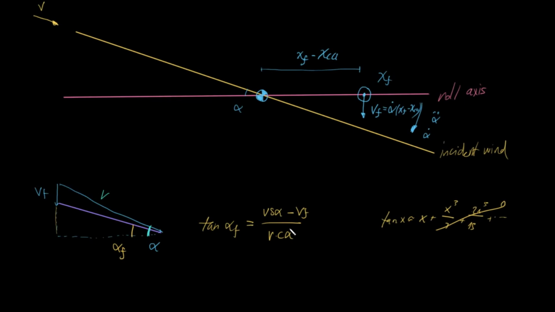And because we're discussing small angles, the sine of alpha is just going to be alpha, and the cosine of alpha is just going to be 1.